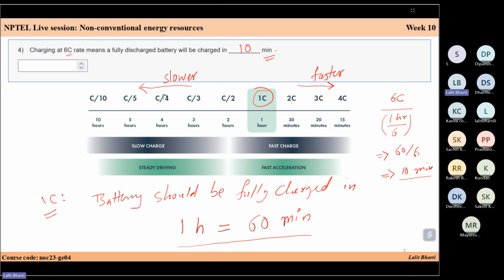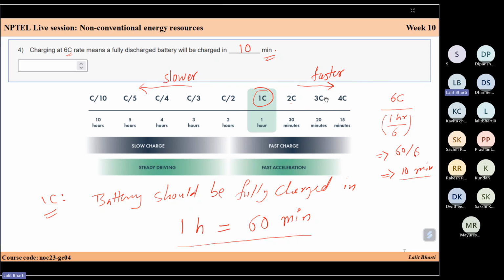Because if you charge your battery with slower rates, your ions will get sufficient time to intercalate in your cathode as well as in your anode. Whatever reactions are happening, the battery will have enough time to complete those reactions, and your capacities will be higher, as well as the life of the battery.